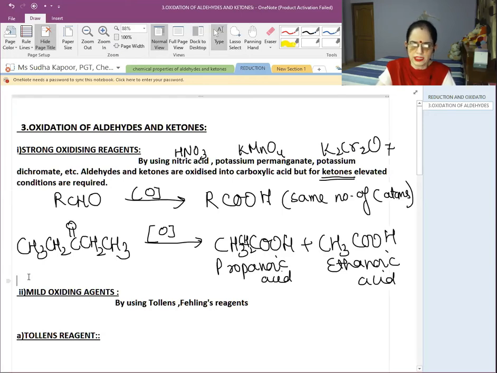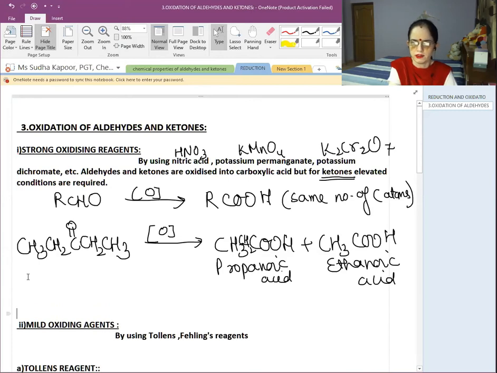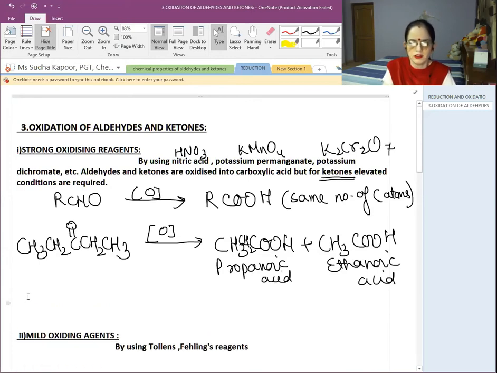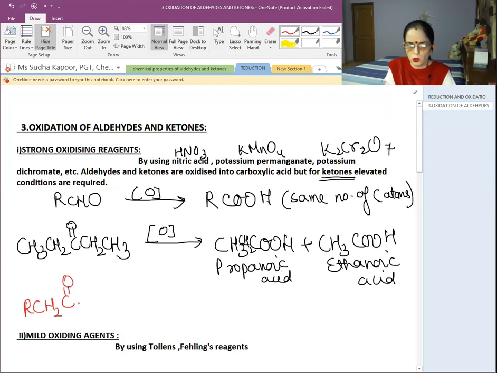Let us take some more examples of this type. If we are not specifying the number of carbon atoms, let us take RCH2COCH2R'. Then we undergo oxidation of it. It is possible that the acid belongs to this side or to the other side; both probabilities can be there.